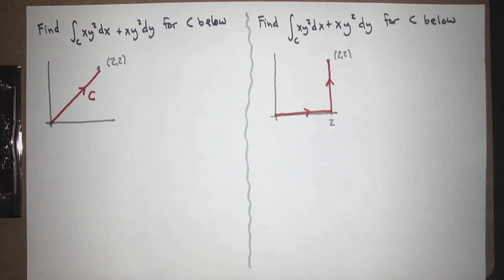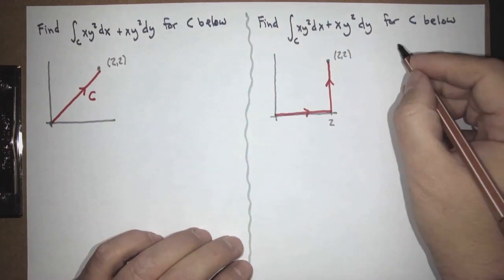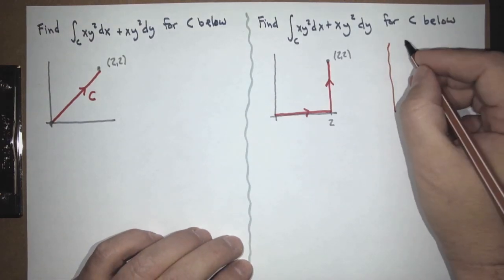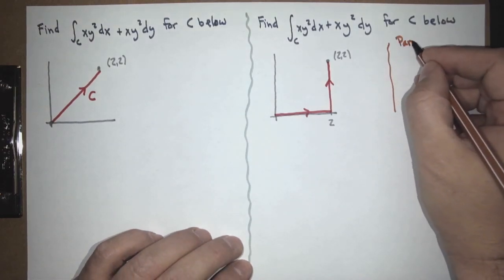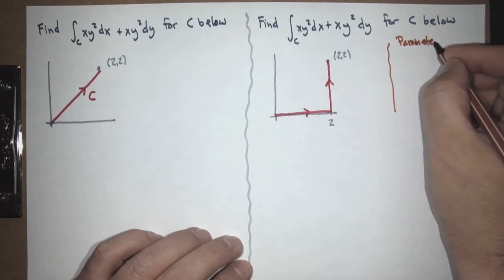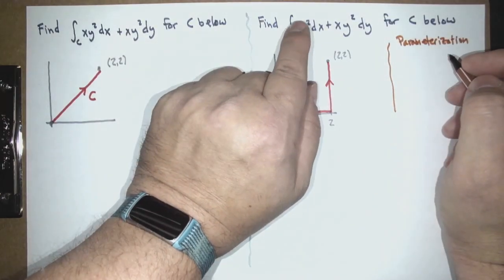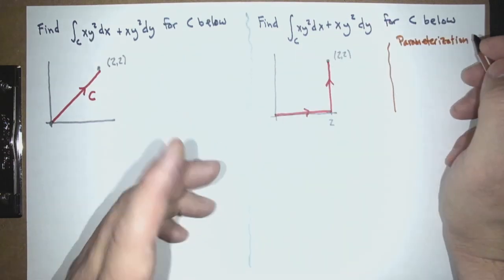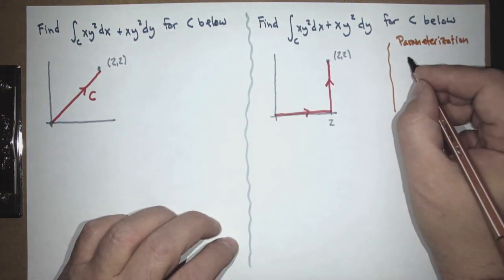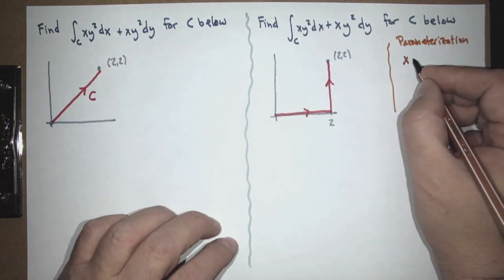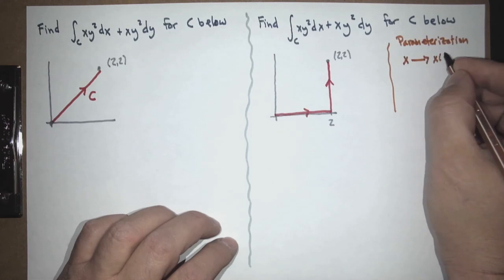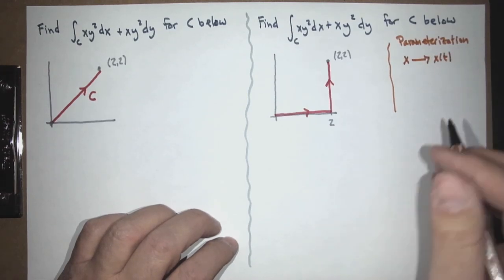Now, before we start, I'll do the one on the right here. When you're setting these integrals up, what you do is you first look at the parameterization. And when you have it in this form, you get x's, y's, dx's, dy's. If you're in 3 dimensions, you might have z's and dz's. Everywhere where you see an x, replace it by the x of t from the parameterization.